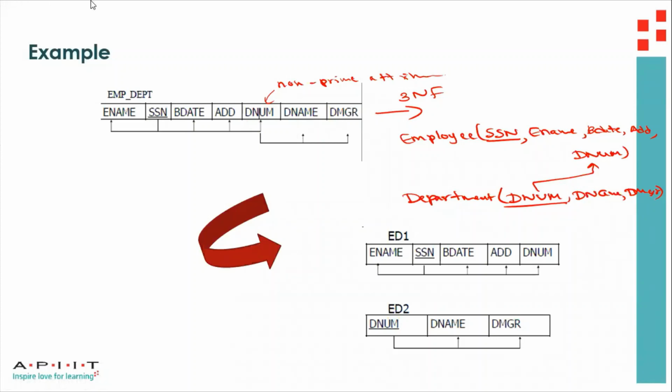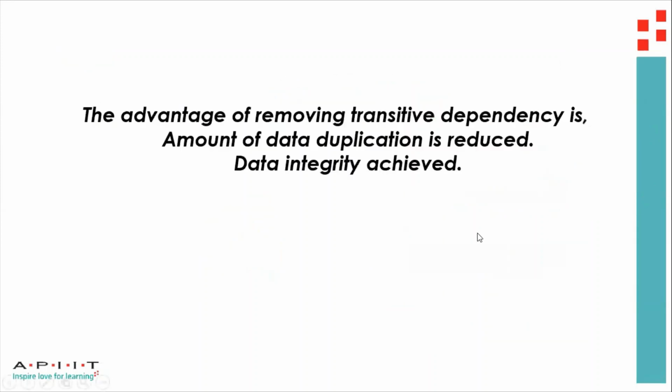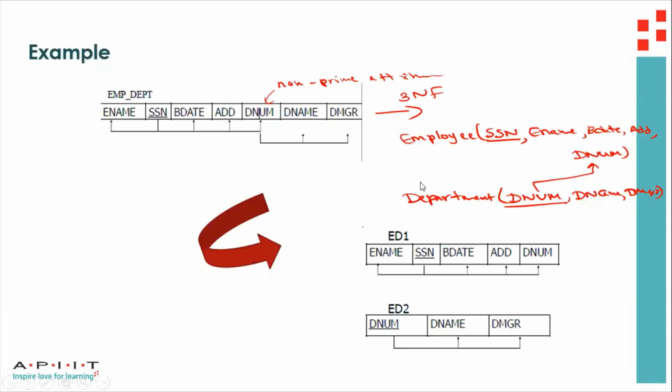Okay, right, good. So another extra thing I told you, BCNF. It's nothing much. Here the advantage of removing transitive dependencies is that the amount of data duplication is reduced and data integrity is achieved. What is that?